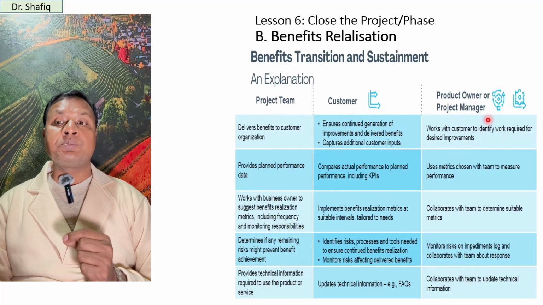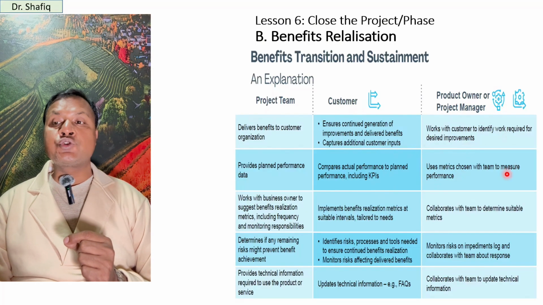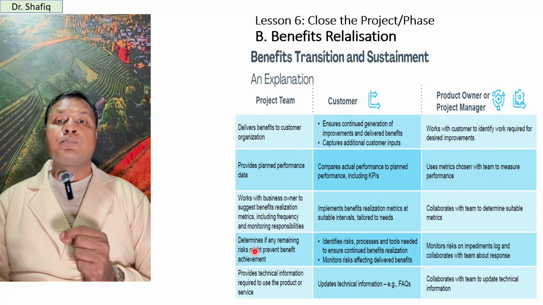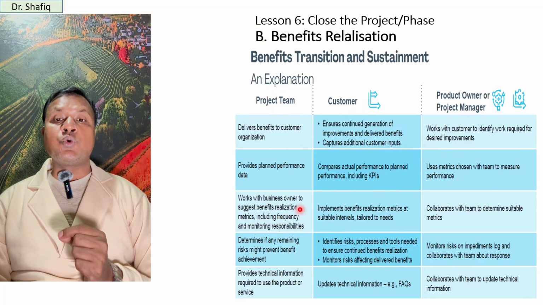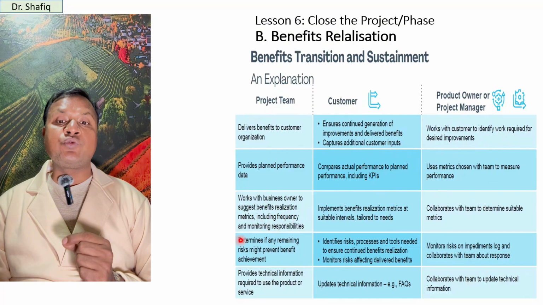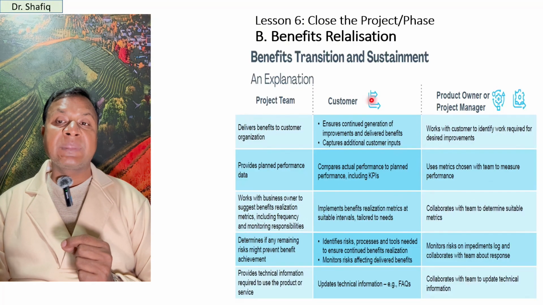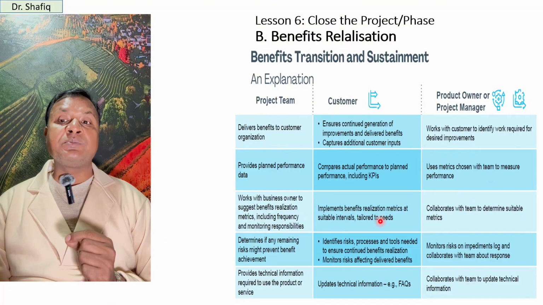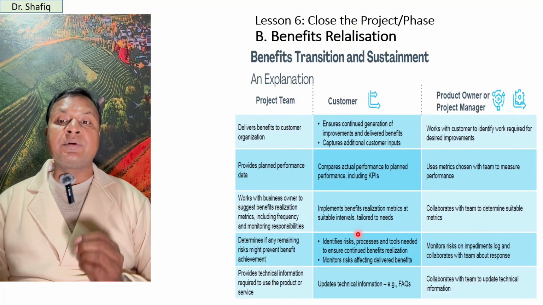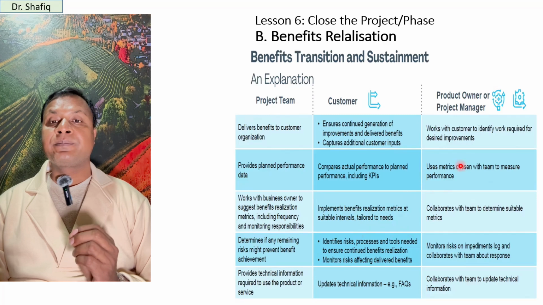The product owner or project manager uses metrics chosen with the team to measure performance. The project team works with the business owner to suggest benefits realization metrics including frequency and monitoring responsibilities. The customer implements benefit realization metrics at sustainable intervals tailored to needs.